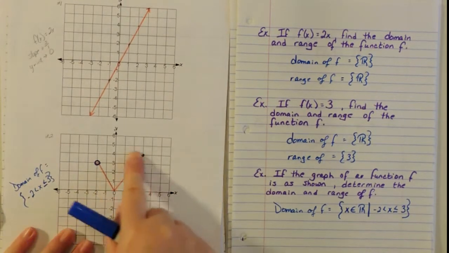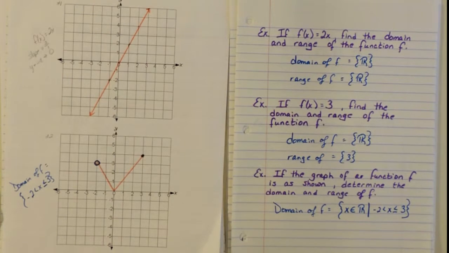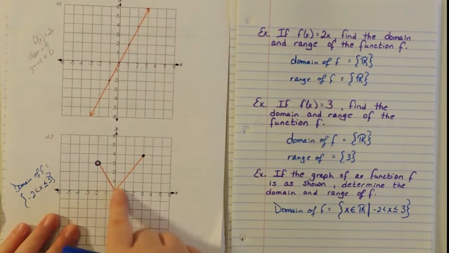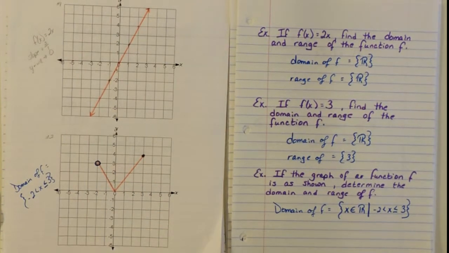The range for this is going to be the set of solutions for this graph. Remember that we said that when we graph a function, the f of x is the y. So the range of this graph is going to be all of the possible y values. If we look at this graph, the y is never negative.